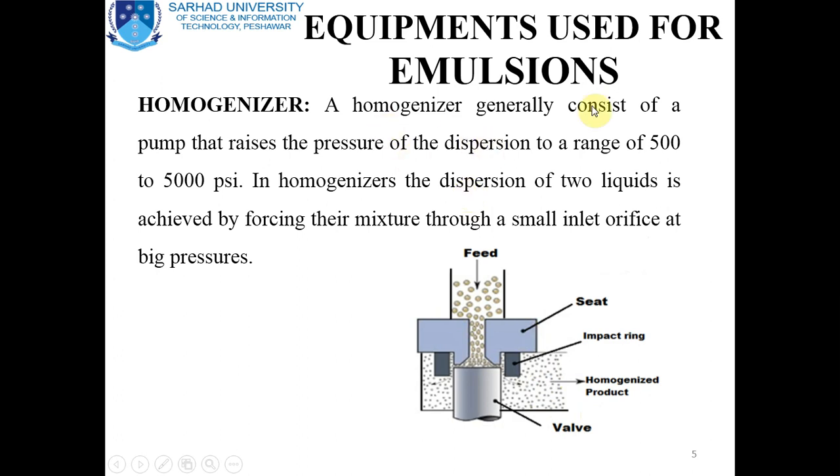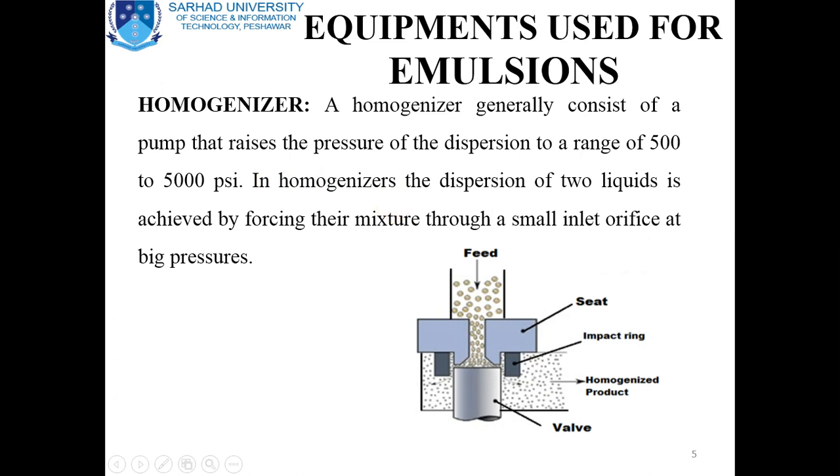A homogenizer generally consists of a pump, and that is responsible for raising the pressure of the dispersion, that is in the range of 500 to 5000 psi, pounds per square inch, the unit of pressure. But it may rise beyond that range as well.